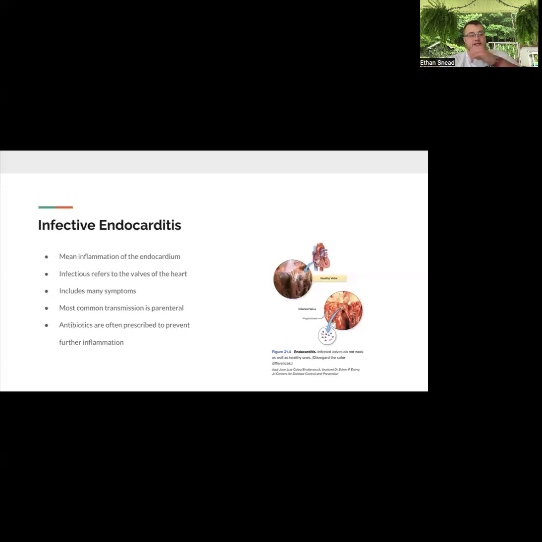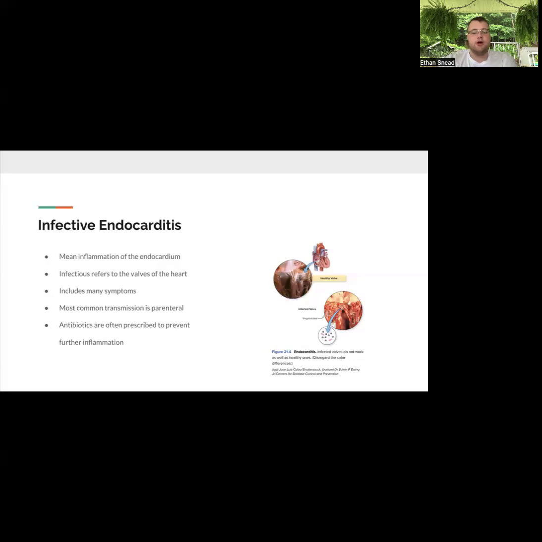It includes many symptoms, such as fever, anemia, and abnormal heartbeat, and sometimes these symptoms can be similar to a myocardial infarction, which is also known as a heart attack. It can also include shortness of breath and chills, and an abnormal pain in your side is sometimes reported as a symptom too.